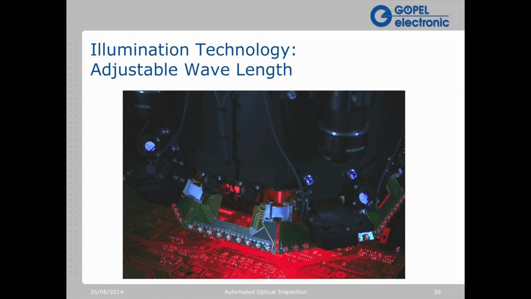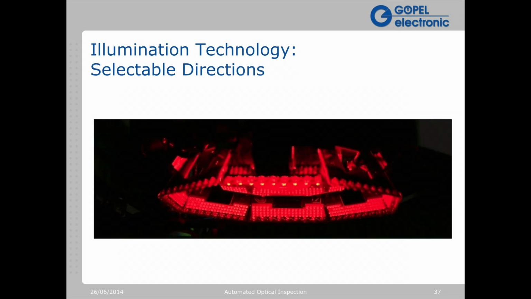As a result, we can bring the full spectrum of lighting capabilities to the test challenge. As you can see from this particular example, we're going through various different lighting frequencies with a fixed board under test. And as you can easily see here, different light frequencies dramatically change the observability characteristics of the board under test.